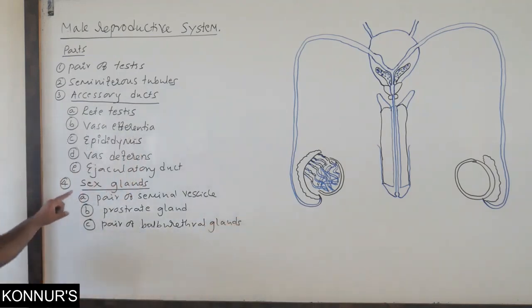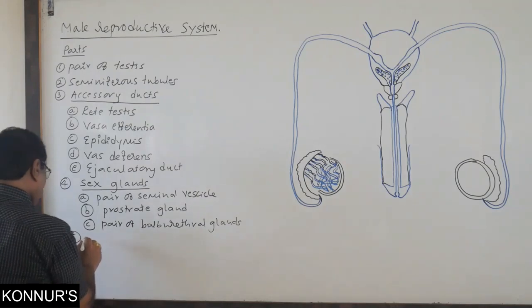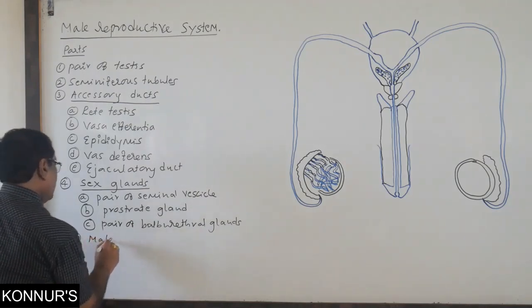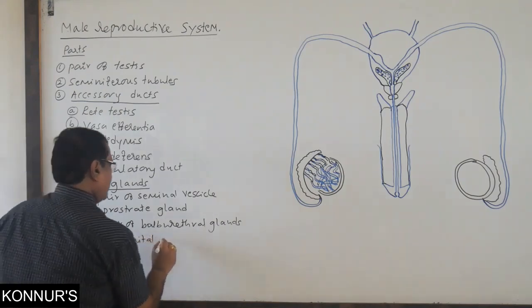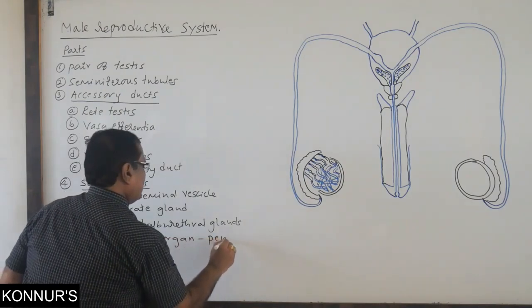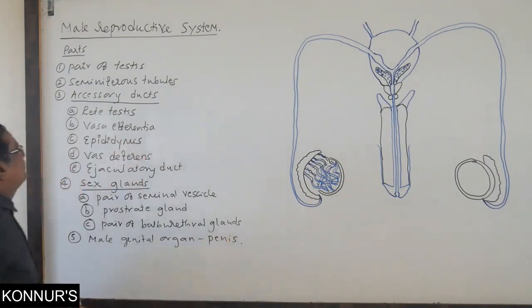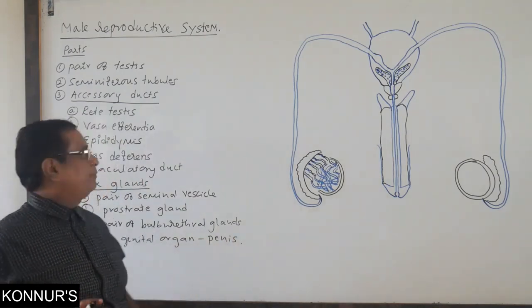These three are sex glands, and finally, the male genital organ, that is the penis. These are the parts that come under the male reproductive system.